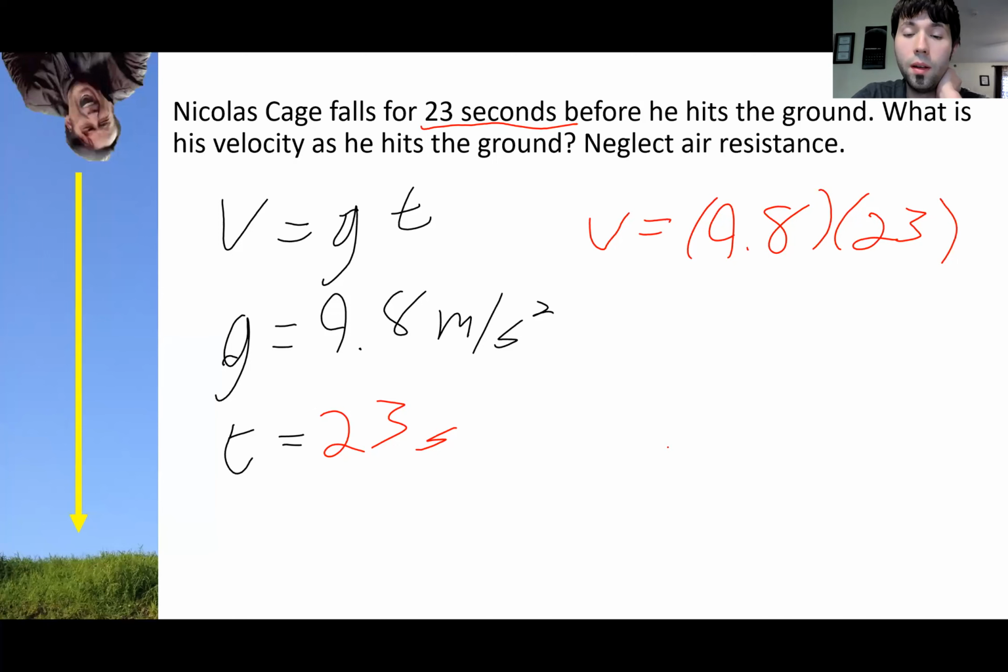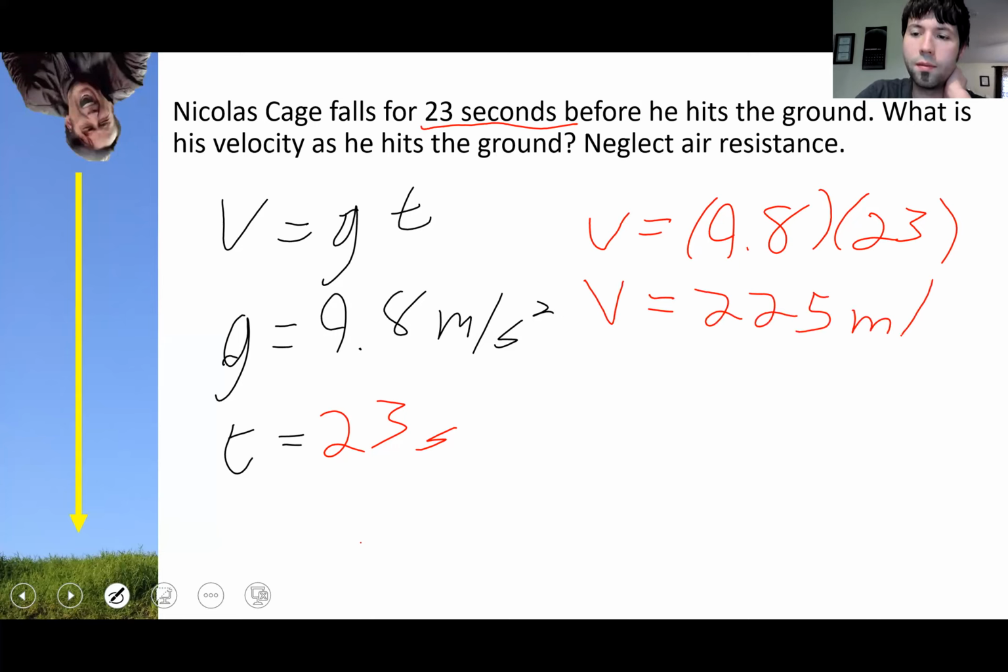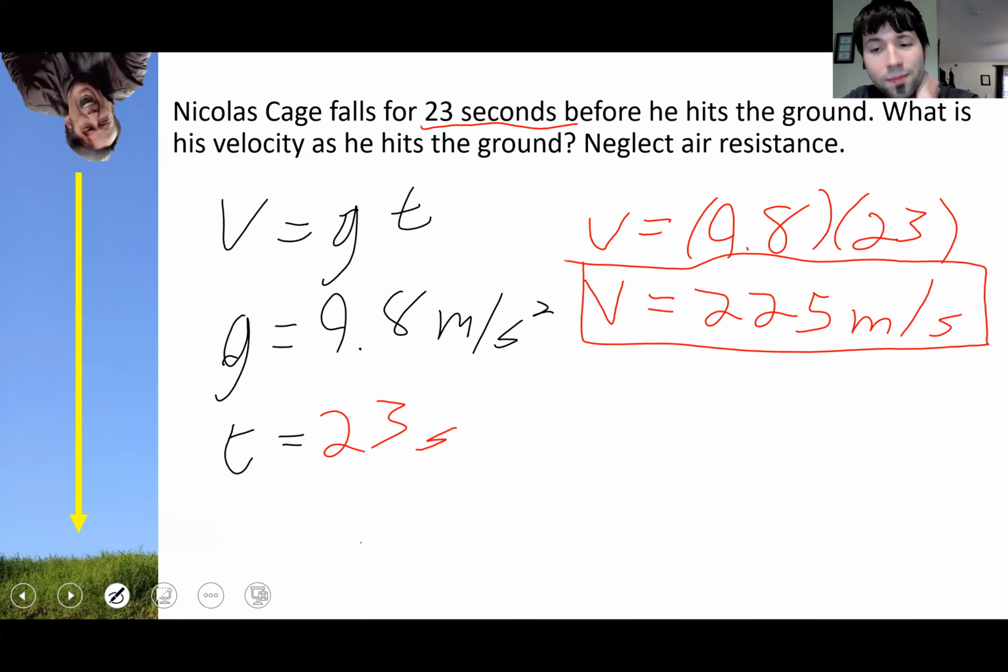All right, I found out that velocity is going to be equal to about 225 meters per second. 225 meters is the length of about 2.5 football fields. If he's crossing that distance every second, by the time he's been falling for 23 seconds, it's probably not going to end up very well for our actor here.